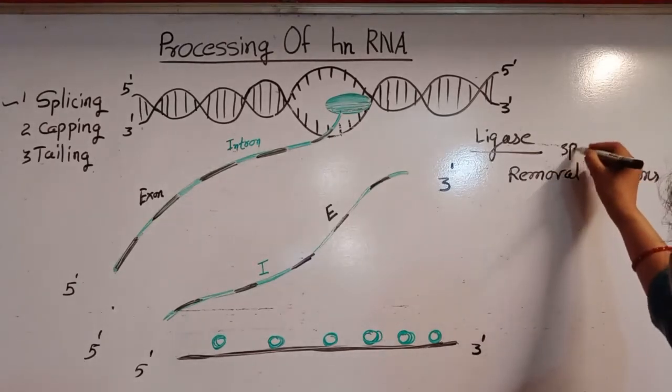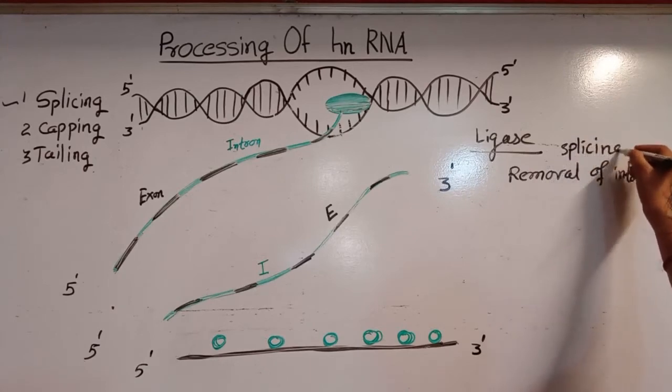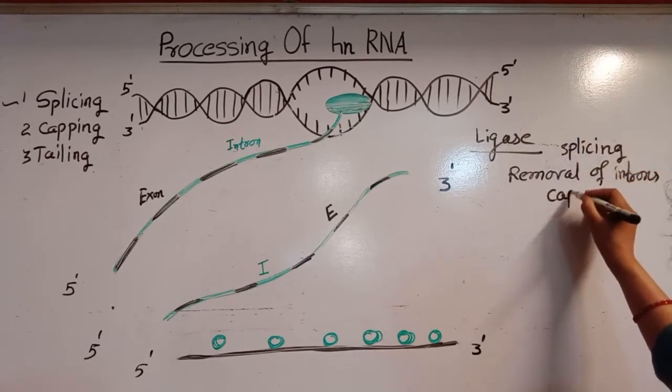This is called splicing. Second is capping.